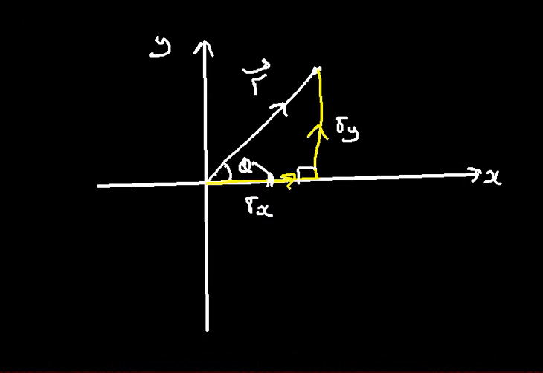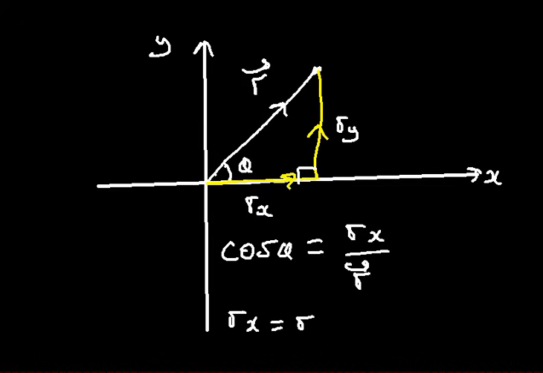What is the x component? We have it as adjacent over hypotenuse. That is, cos theta is equal to rx over the hypotenuse, which is the vector r. Therefore, rx will be given as r cos theta. And in the same case, the y component is given as the opposite over hypotenuse, that is sine.